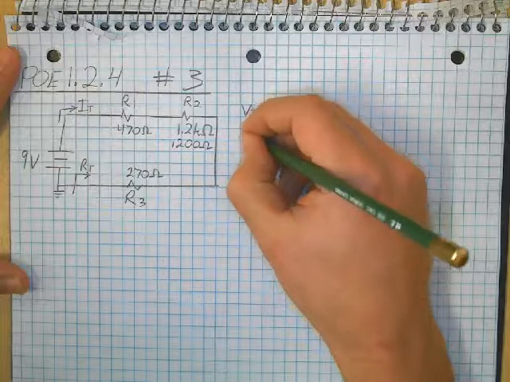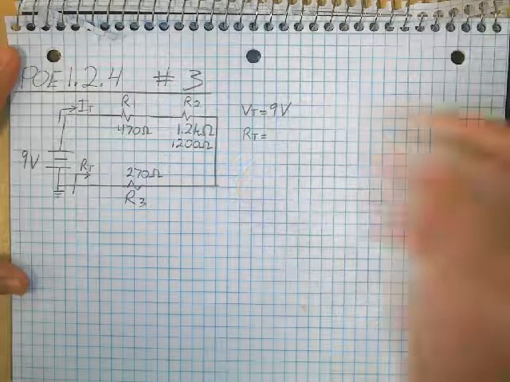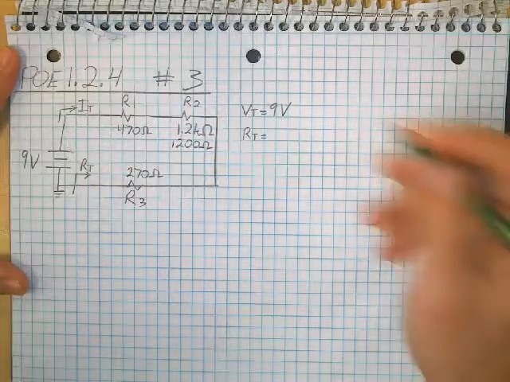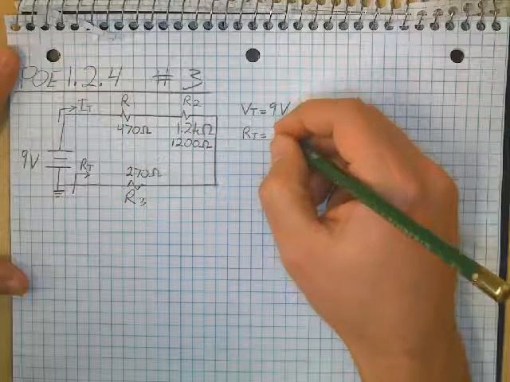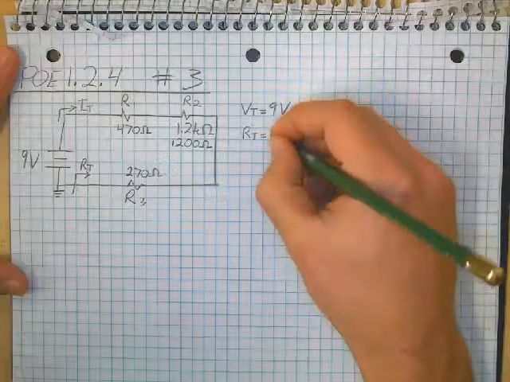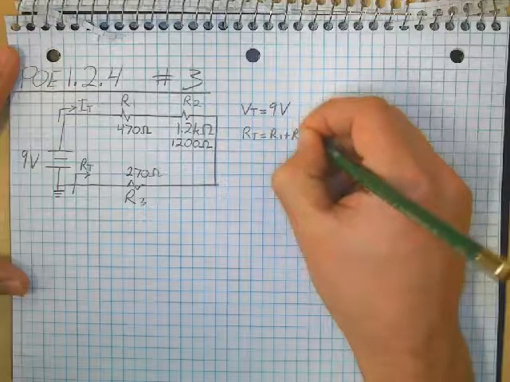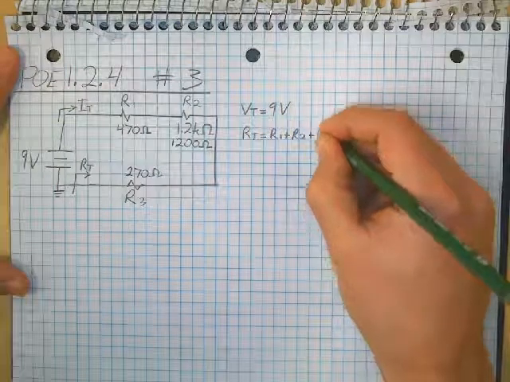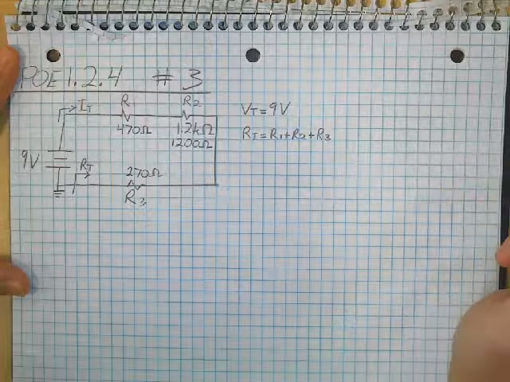So to find RT, we use Kirchhoff's voltage law and understand that RT is equal to R1 plus R2 plus R3, since this is a series circuit.